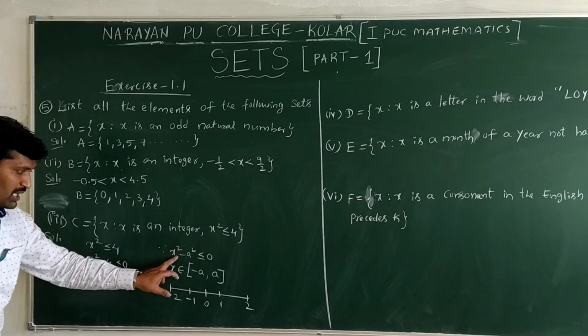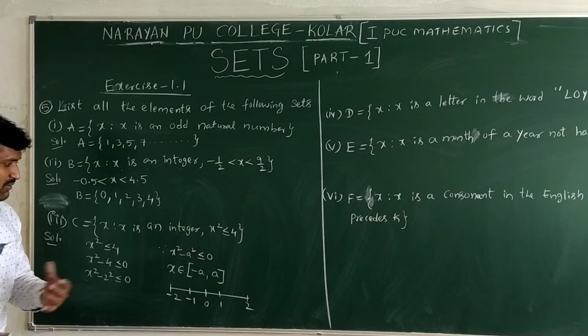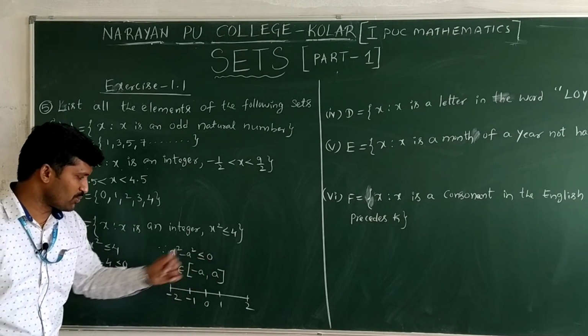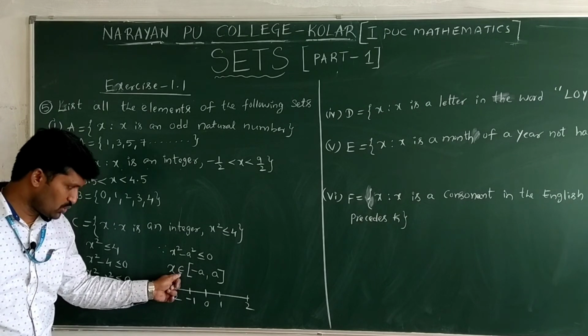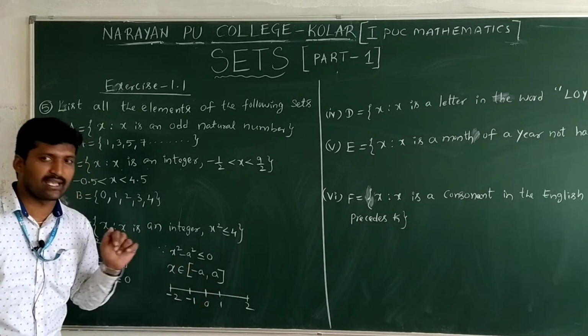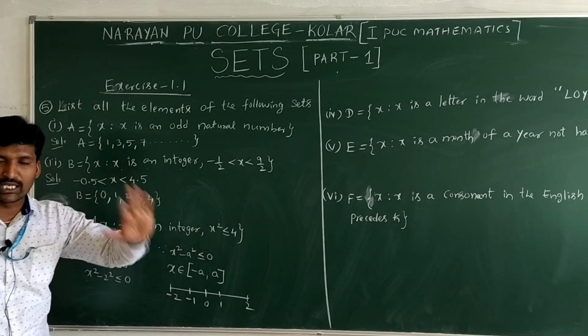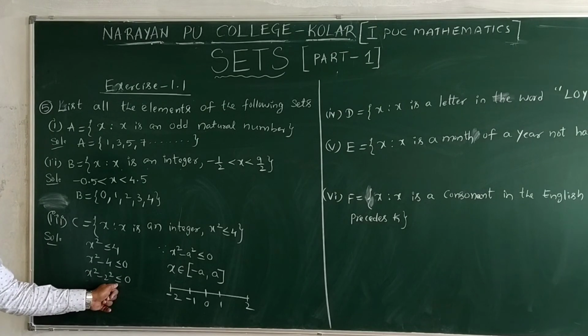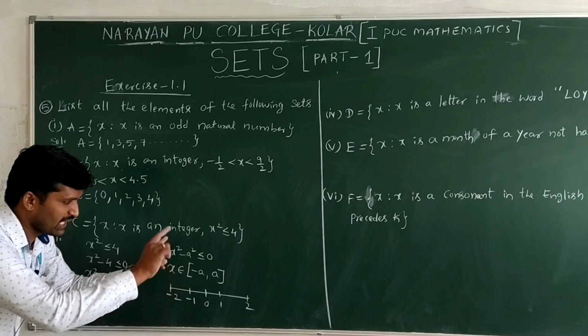This formula, remember, we will discuss again in the interval concept in the same chapter. x square minus a square less than or equal to 0 means x value belongs to, that means lying in, this interval from minus a to plus a. Minus a, plus a also included when you take square bracket, because equal to is also there. If only less than is there, take only open bracket.